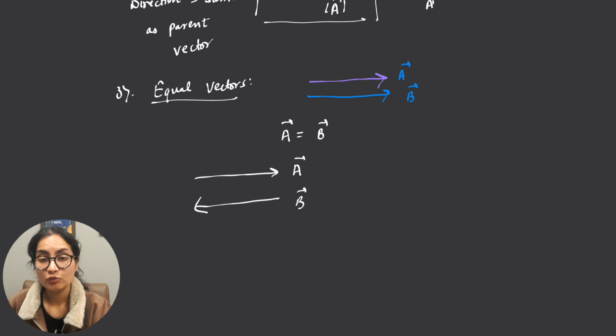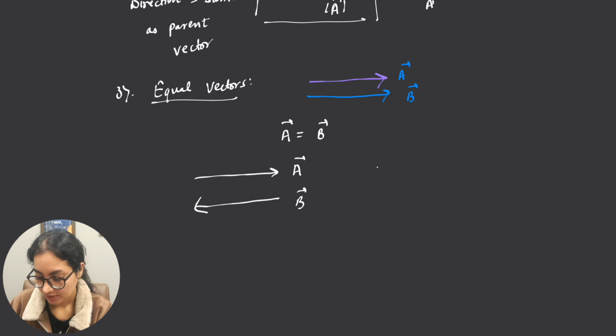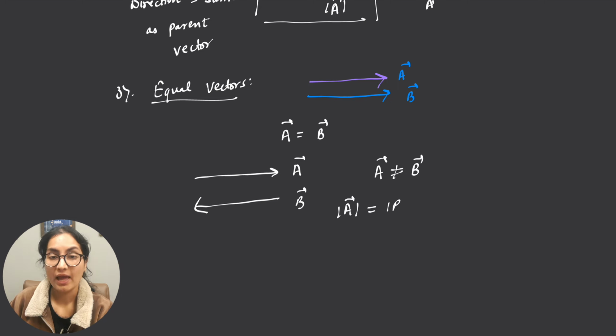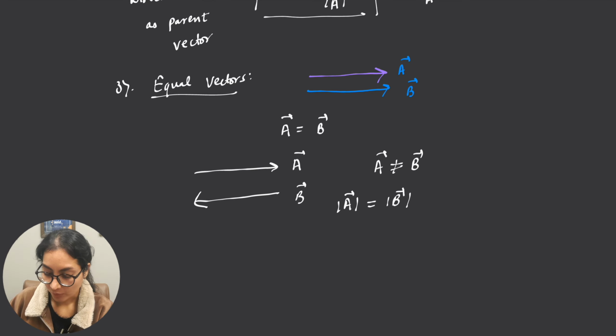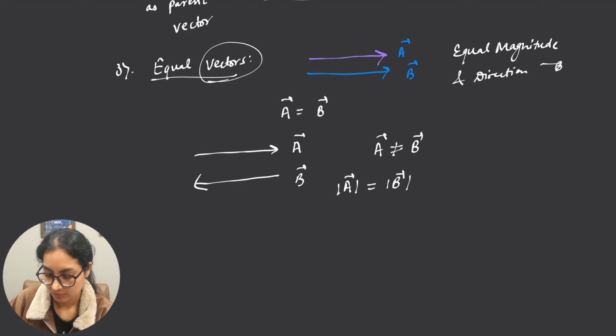Now the lengths of the two vectors are the same, but their directions are opposite. Hence, A is not equal to B, but the magnitude of A is equal to the magnitude of B. So equal vectors are those which have equal magnitude and direction both.